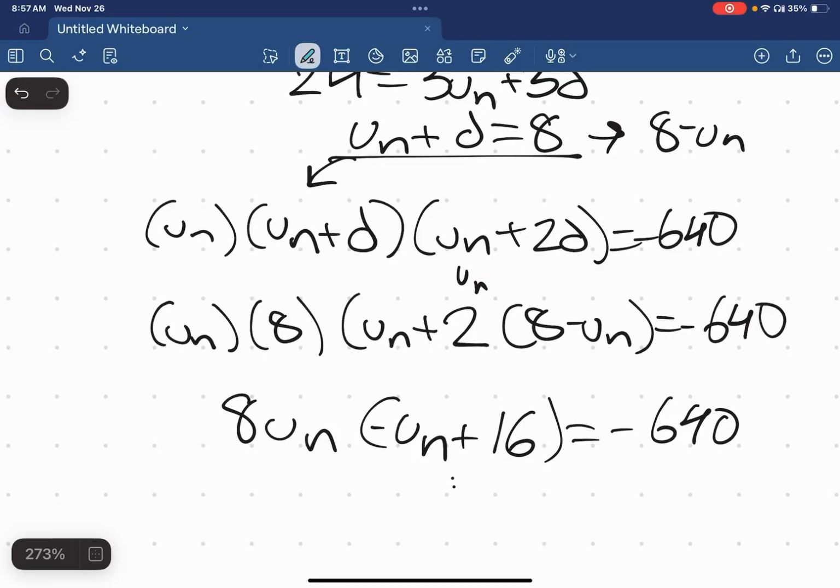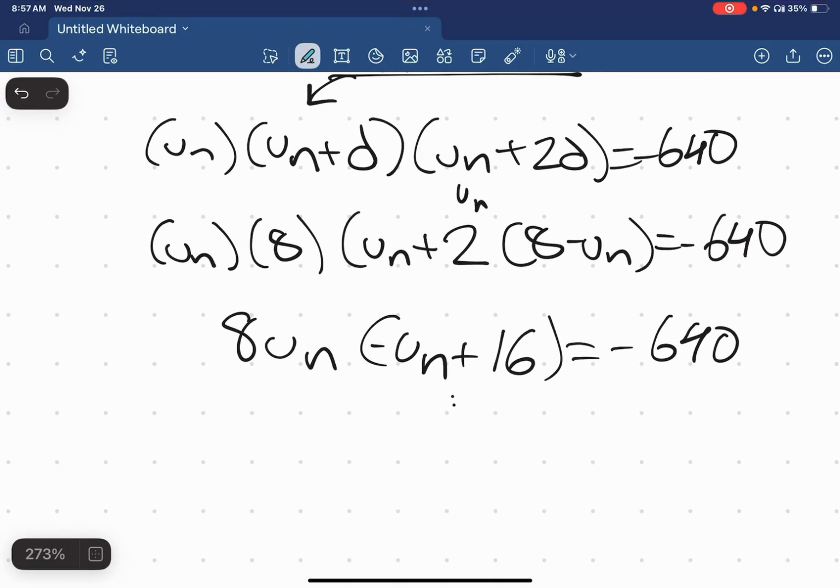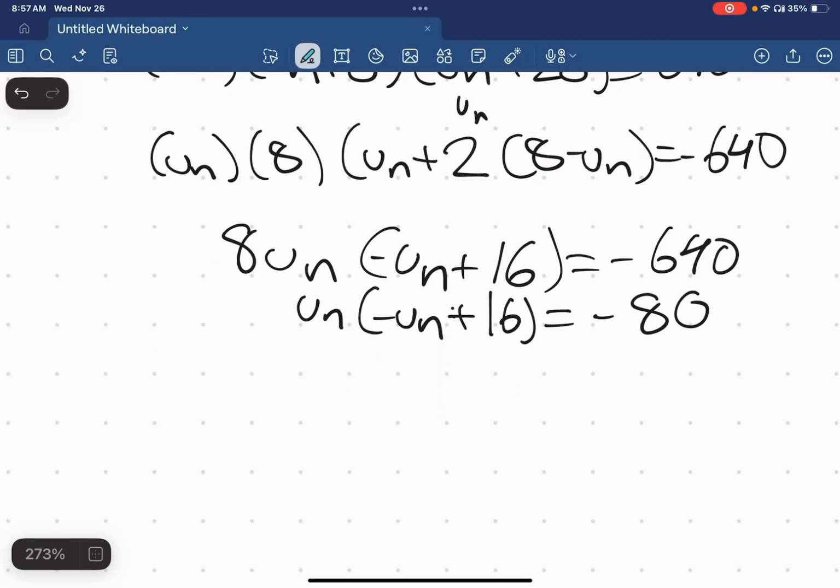plus 16 is equal to negative 640. From here, we're going to divide both sides by 8 to simplify it even further. Then we get this equation. Okay, from here we have to create a quadratic equation.